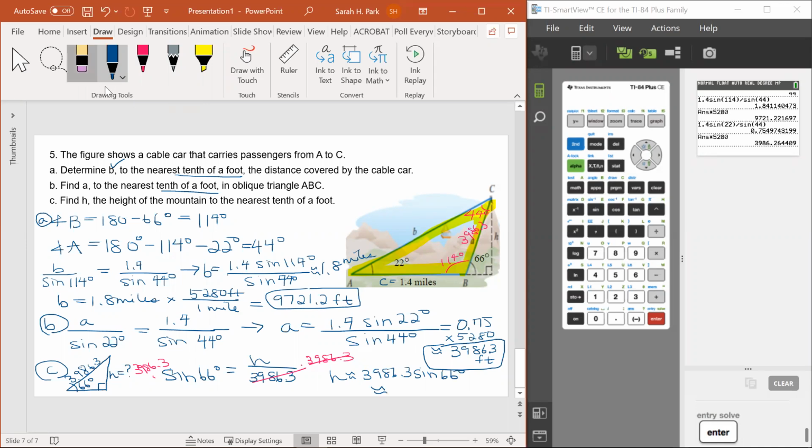Let's put that in the calculator to get an approximation. 3986.3 times sine of 66, which is about 3,641.7 feet. Okay, so there's part C.